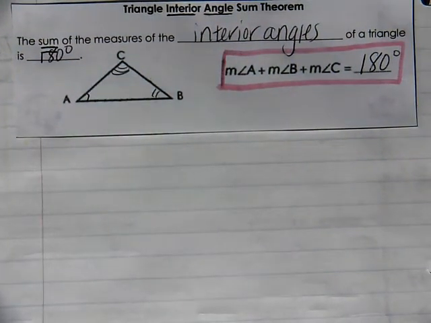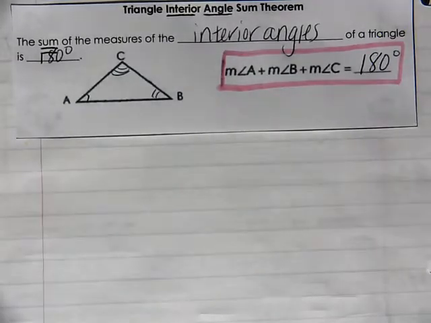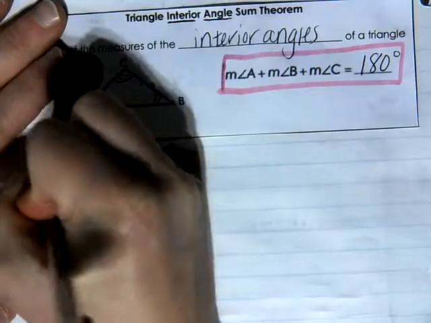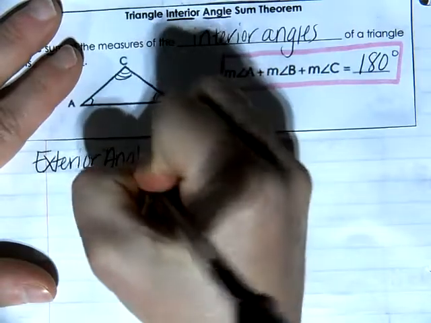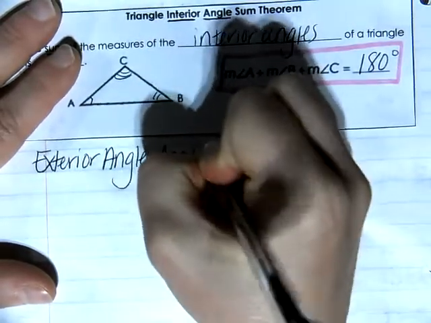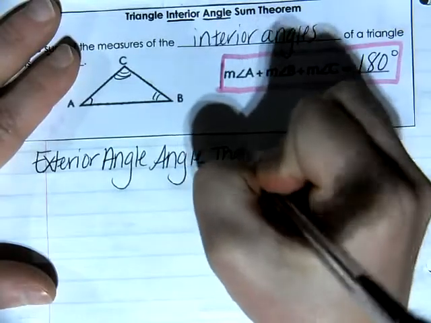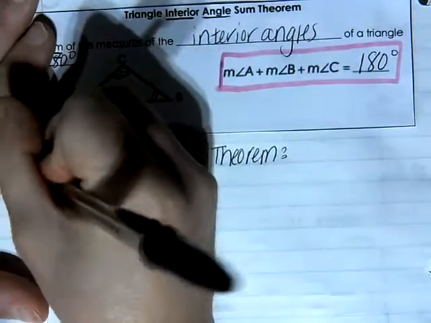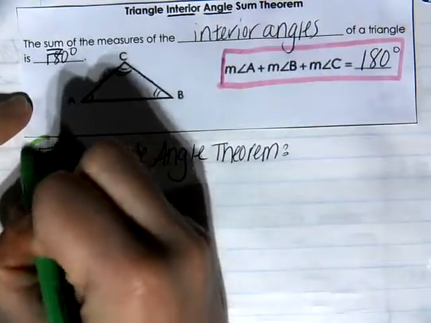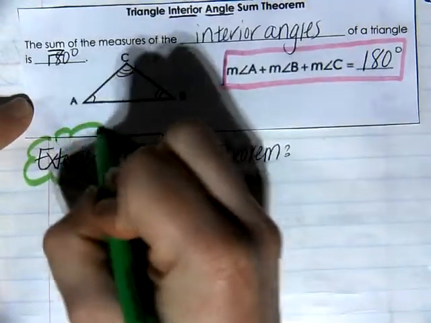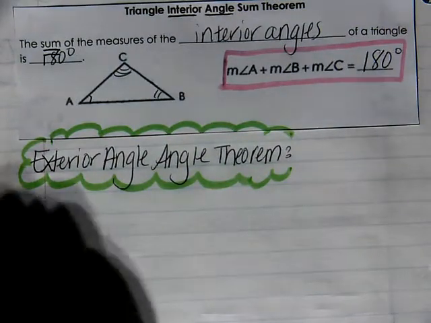And now what we're going to do is extend that to the next level. What we're going to do now is talk about the exterior angle theorem. So we know about the interior angle theorem. This is our foundation. But for the exterior angle theorem, remember we're talking about angles that are on the outside, if we were to extend out the sides of a triangle.